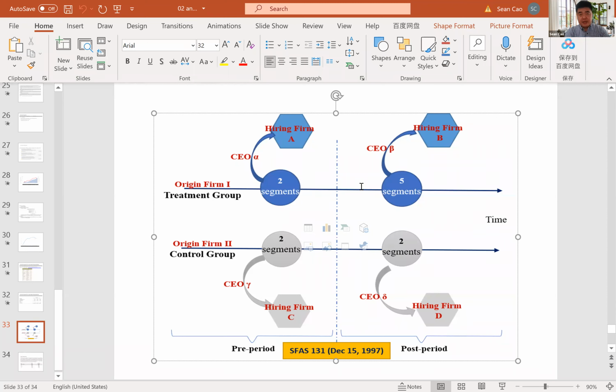But the idea here is, when you know the CEO's 5 separated segment performance, would that help hiring firms to find a more suitable CEO, compared to pre-1997? And we found yes. When you know more about the CEO's segment performance, the firms can find a more suitable CEO. That's the idea behind it.